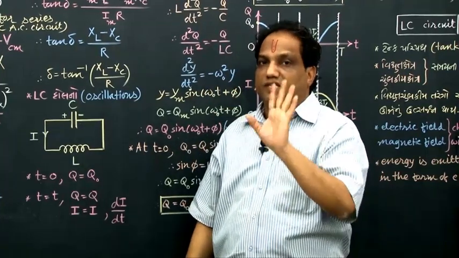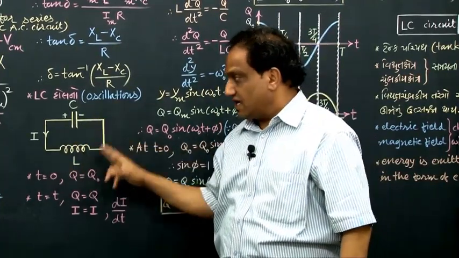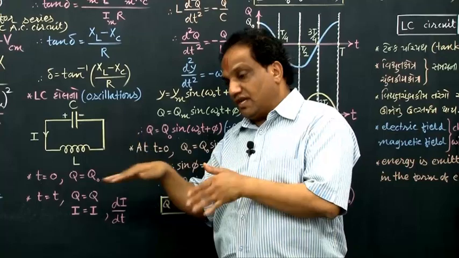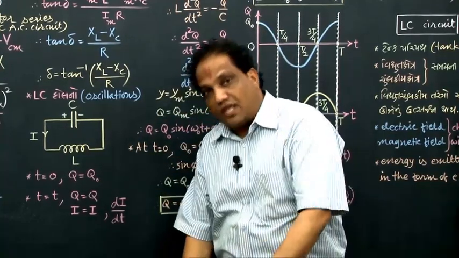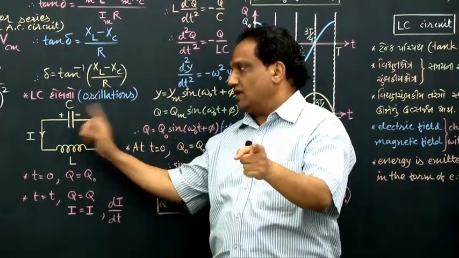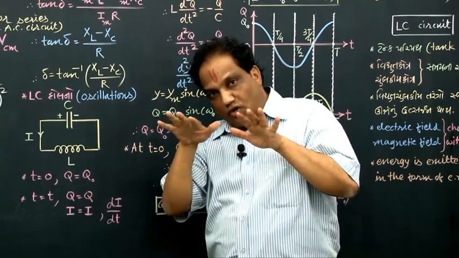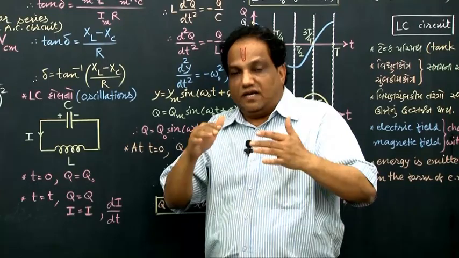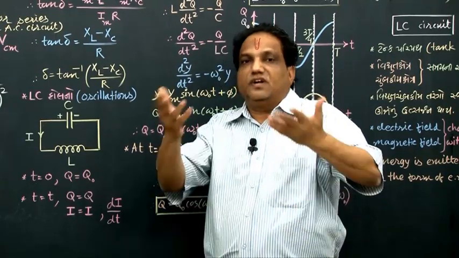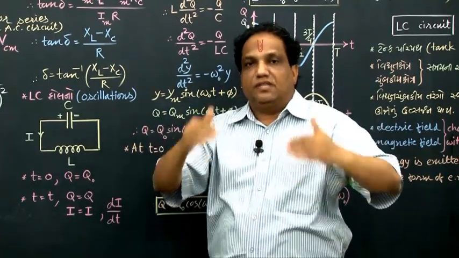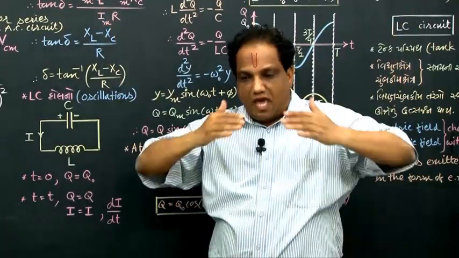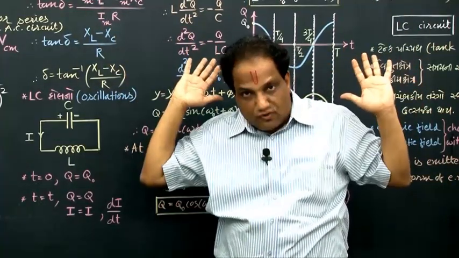And because that energy has been emitted from this circuit, the energy of the circuit goes on decreasing. The decrease in the electrostatic potential energy stored in the capacitor and the magnetostatic potential energy stored in the inductor is transferred into radiant energy, that is, energy associated with the emitted electromagnetic waves.